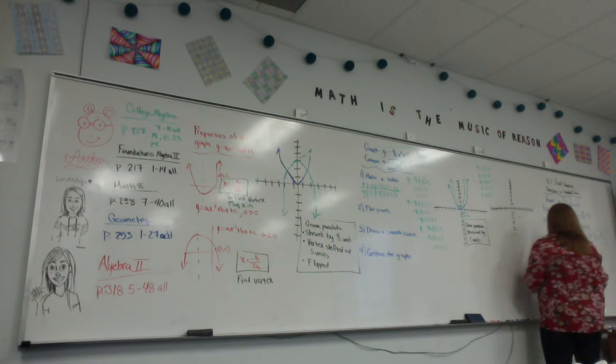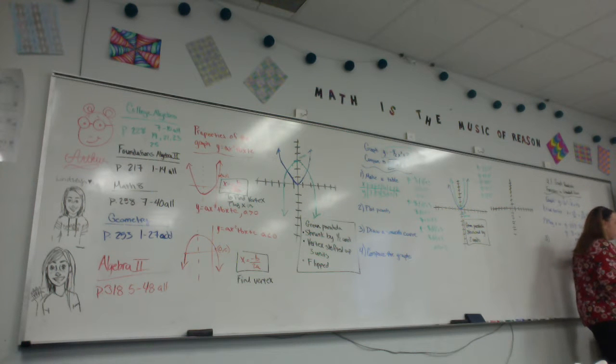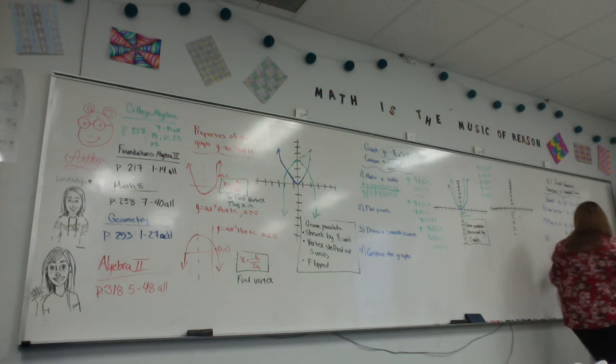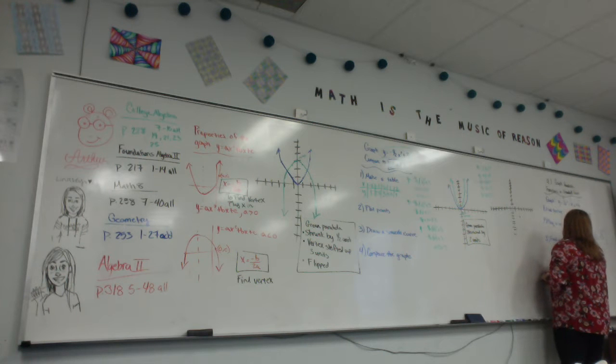Step 3. If your vertex, if the y is not 0, we're going to plug in a 0 to find the y-intercept, okay? Because it's an easy number to plug in, right?